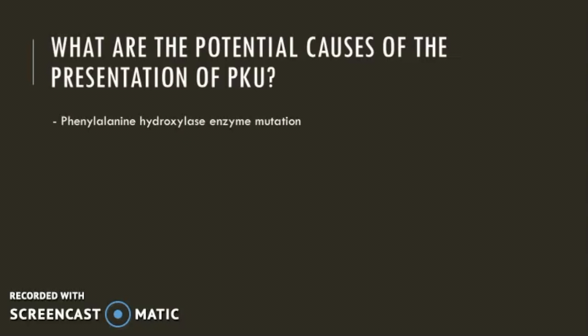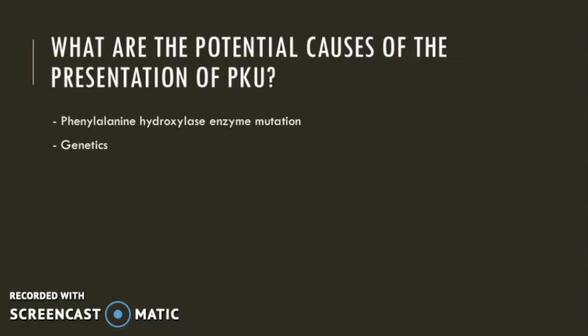The phenylalanine hydroxylase enzyme is used to convert phenylalanine to tyrosine using BH4 as a cofactor. So any mutation to the gene for the enzyme would lead to a decrease in the enzyme's ability to catalyze this reaction, which would result in the accumulation of phenylalanine, and this would most likely be the cause of PKU.